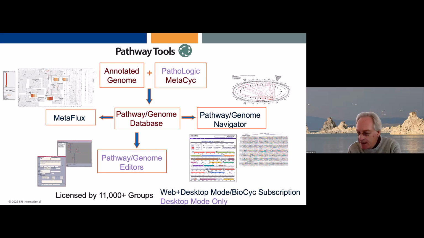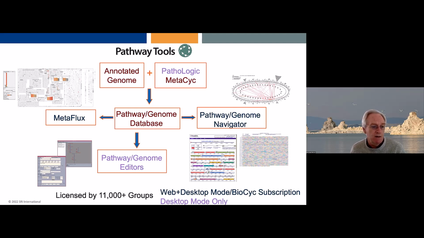I also want to quickly mention our Pathway Tools software. Pathway Tools is the software that powers the BioCyc website, and you can download it locally, and you can use it to perform metabolic reconstructions and perform the other computational inferences that I talked about describing how BioCyc is created.